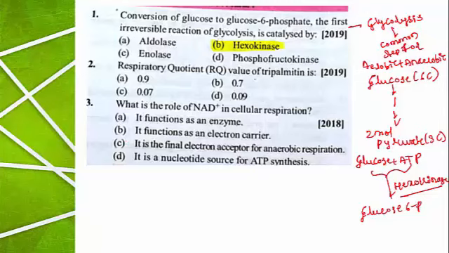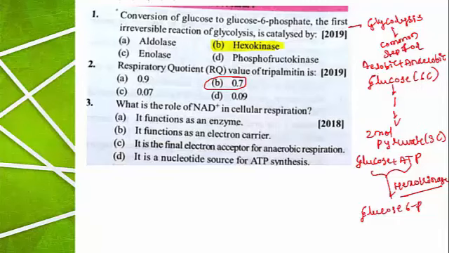Respiratory quotient value of tripalmitin is, let me mark the answer, then I will go for the explanation. Tripalmitin is a fatty acid molecule, and in fatty acid and protein the respiratory quotient, RQ value, is less than 1.